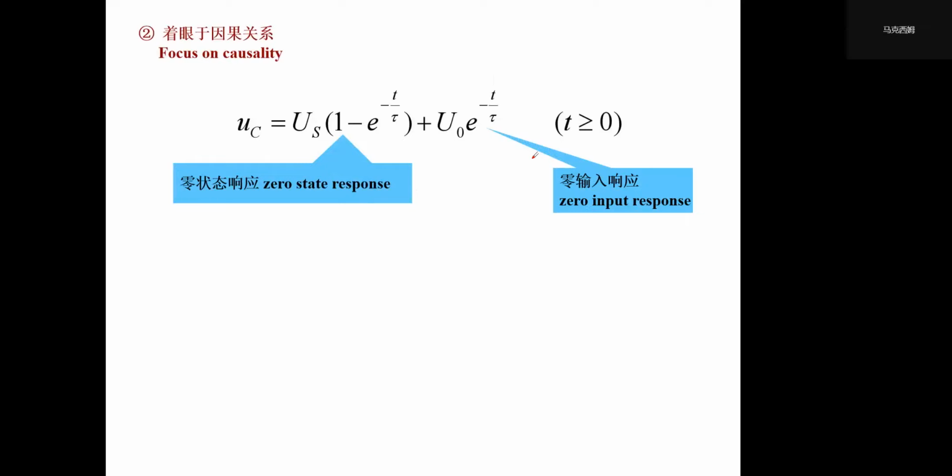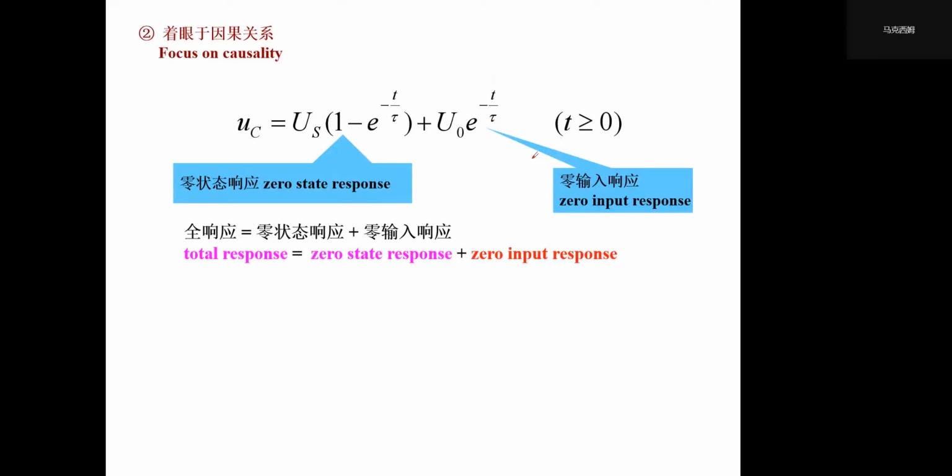So once we would like to calculate the total response or the full response, we can divide it into two parts. We can calculate the zero state response, and we can calculate the zero input response, and we put them back together using the superposition theorem. We can have the same conclusion. So total response equals zero state response plus zero input response.